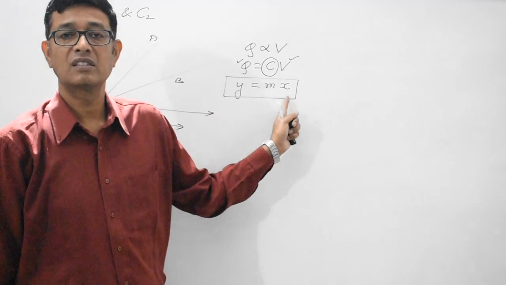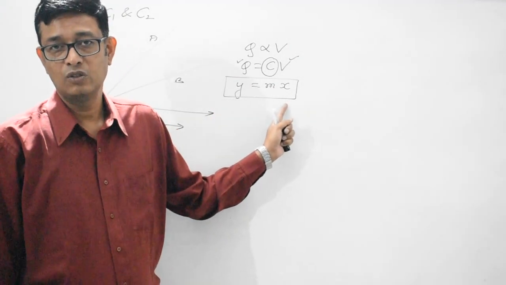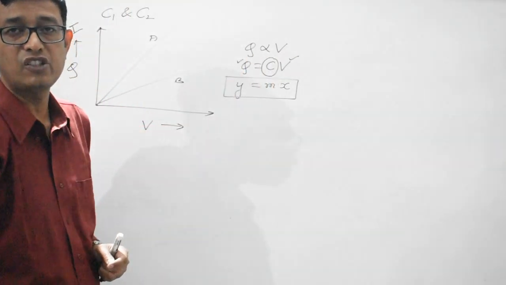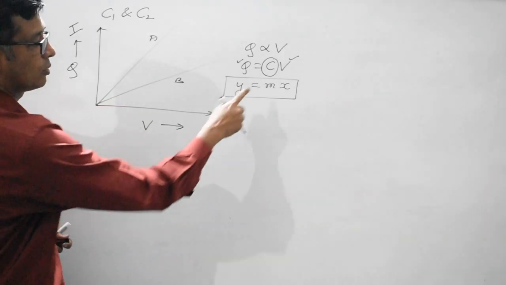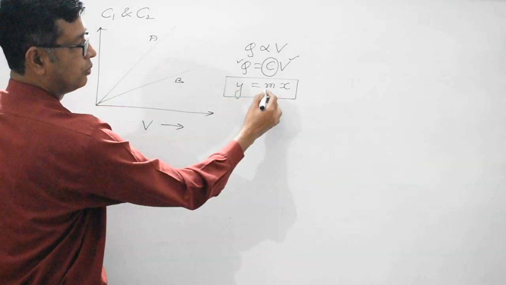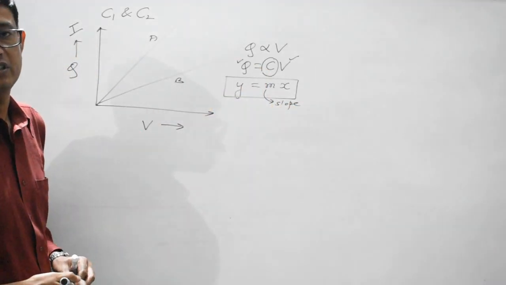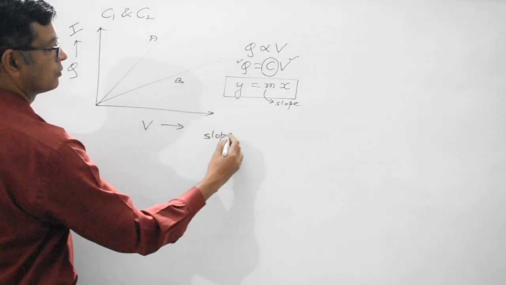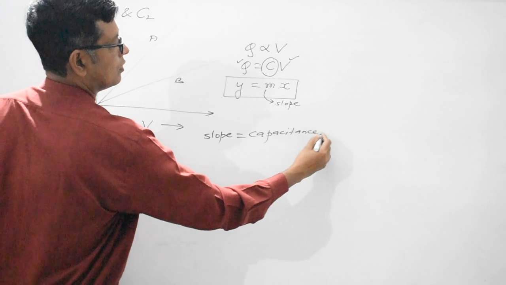Students, it's the standard equation of a straight line passing through the origin. So the graph between Q and V, being linearly dependent, would be a straight line passing through the origin. And what about the slope? M is the slope, so the slope of this graph will give us the capacitance.